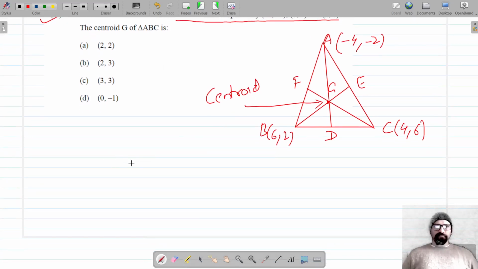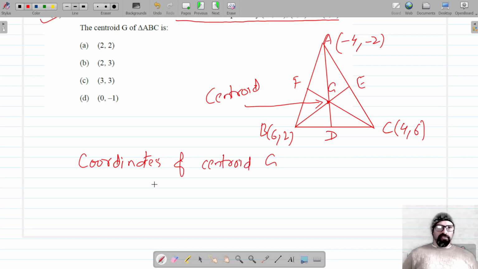So now the coordinates of G, which is a centroid, is given by the formula. We have a definite, specific formula for this. The coordinates of the centroid G are equal to x1 plus x2 plus x3 divided by 3 comma y1 plus y2 plus y3 divided by 3.